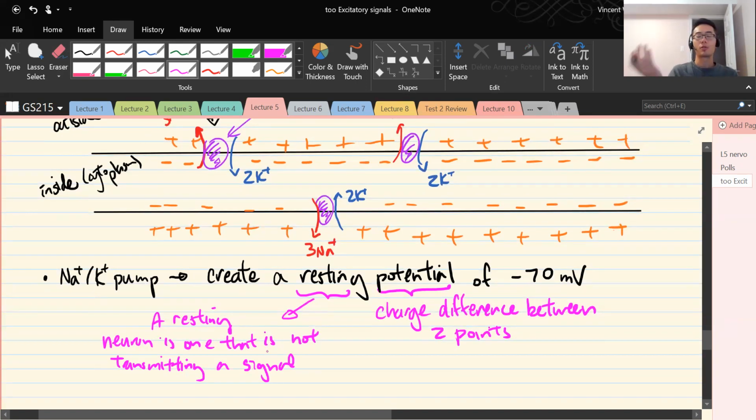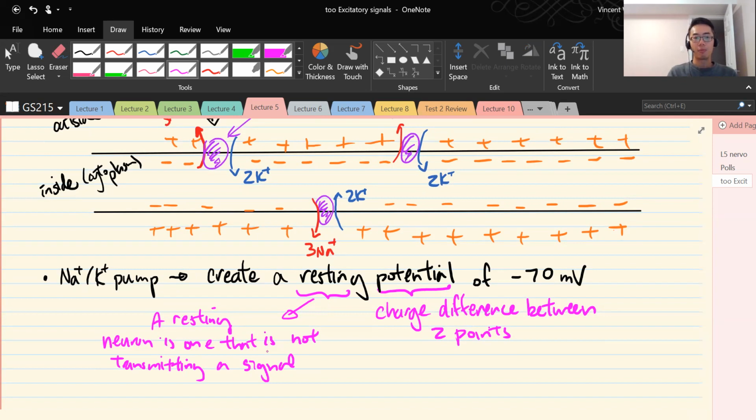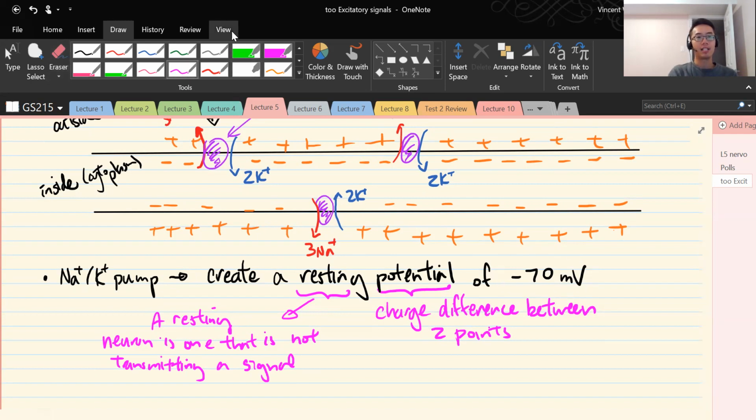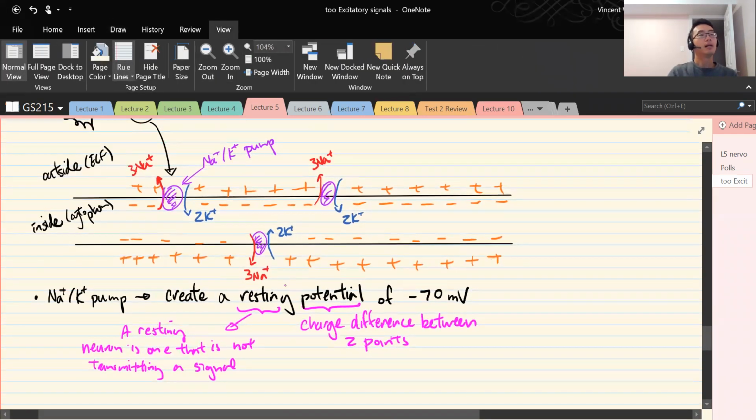Not all of them are going to be transmitting signals at any given time, right? Like I'm not feeling any pain from my hand right now, so the pain nerve, so to speak, is not transmitting a signal, so it will be at rest. So when the neuron is at rest, when it's not doing anything, the charge difference on the inside compared to the outside is going to be minus 70 millivolts.